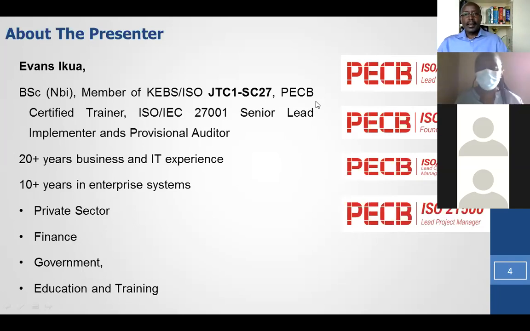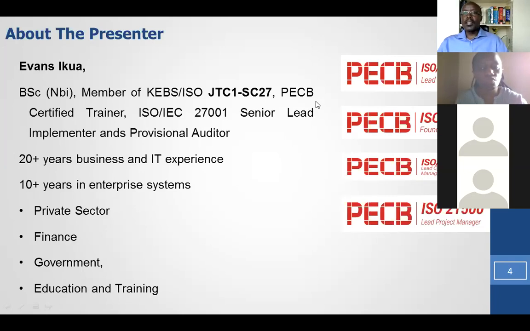So briefly, this is my profile. I'm a certified ISO 27001 senior lead implementer, and also a provisional auditor, and most importantly I belong to a KEBS technical committee, where we are part of the international ISO JTC1, that is the Joint Technical Committee 1 of ISO and IEC, Subcommittee 27, the international committee that deals with the standards that deal with security techniques.